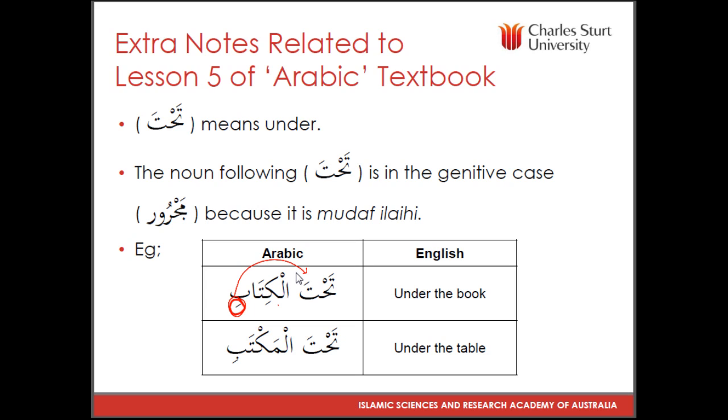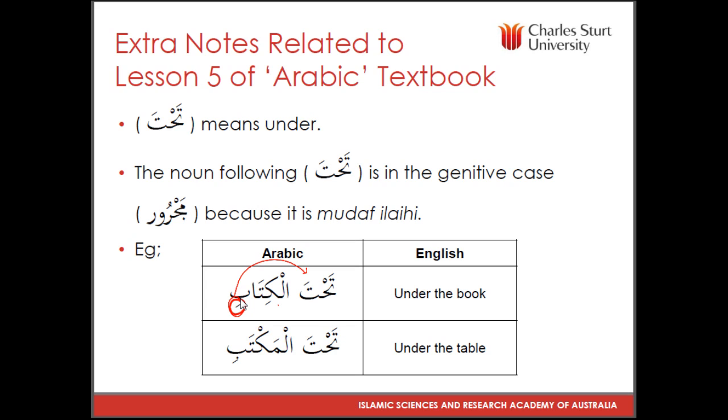It has to be with kesra again, if it is not dual, not plural, but singular form. This one is singular, so the ending is with kesra. So does tahta always have a fatha? Yes, tahta cannot change. That's right. We will learn later that this is called mabni in Arabic. Mabni.